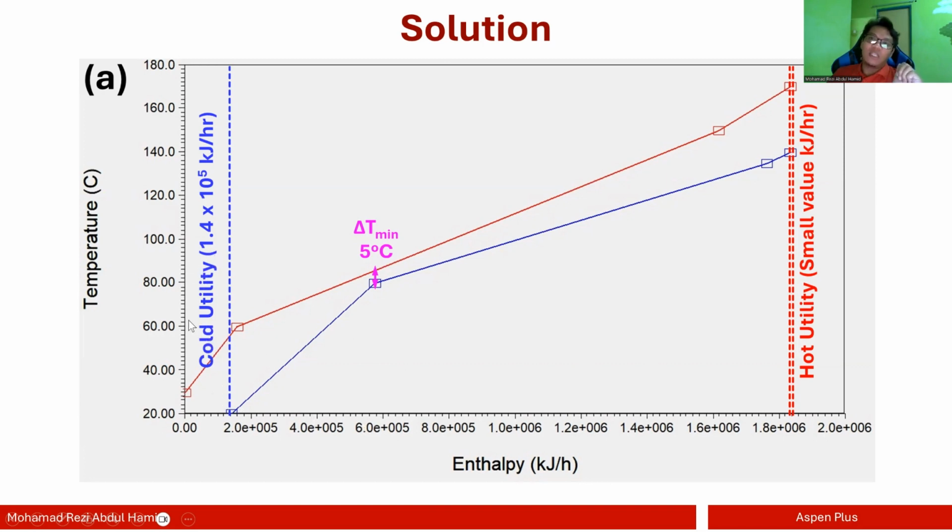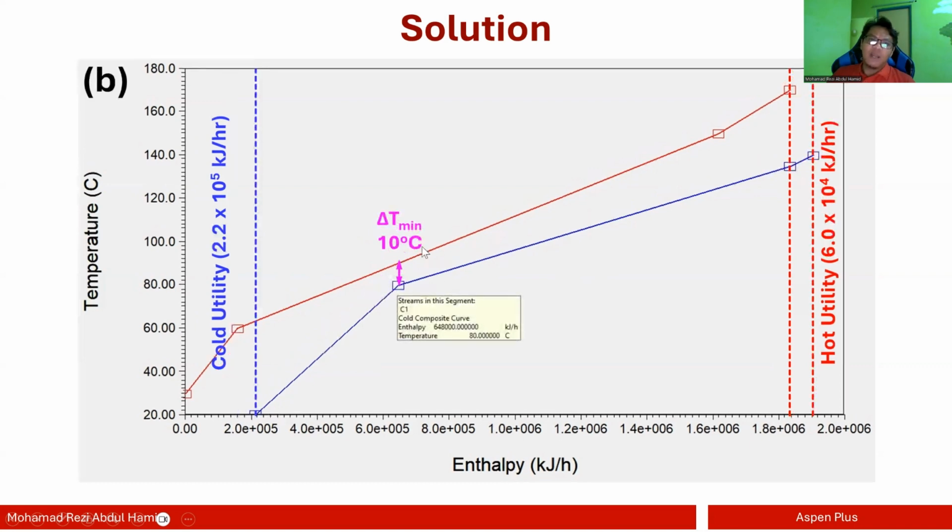The one on the left is the cold utility requirement, and anything on the right is the hot utility requirement. The one in between is recoverable energy. As you can see, with this pinch temperature the gap is very small because it is 5 degrees Celsius.